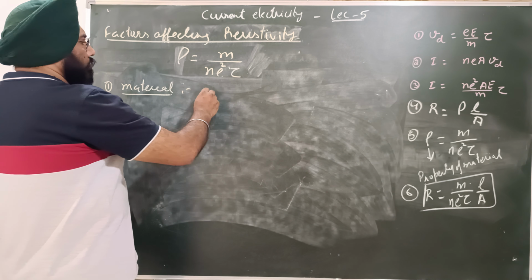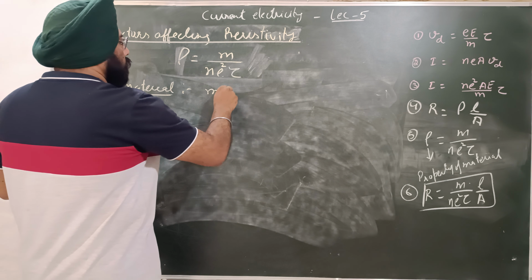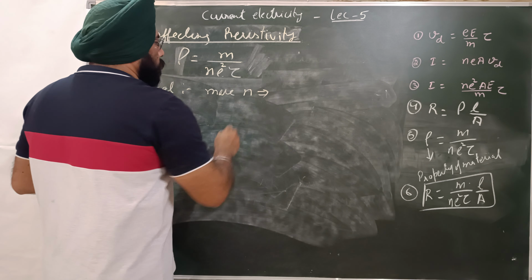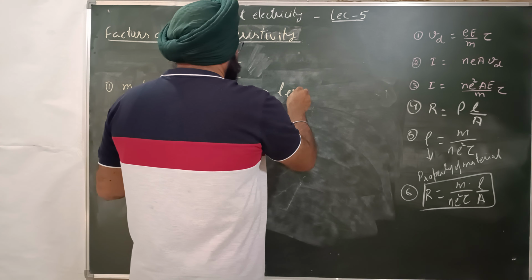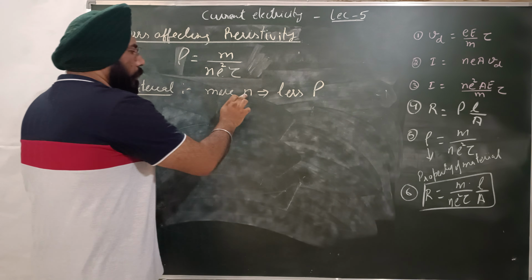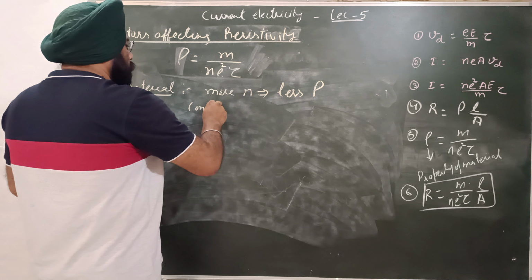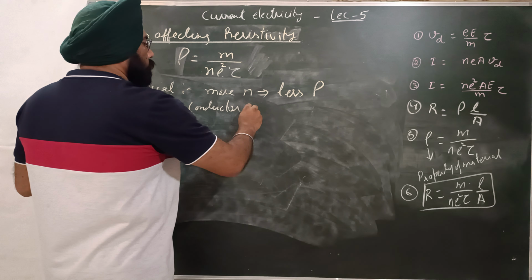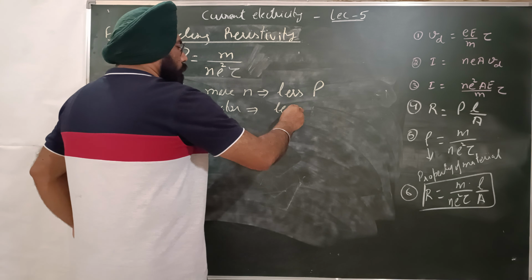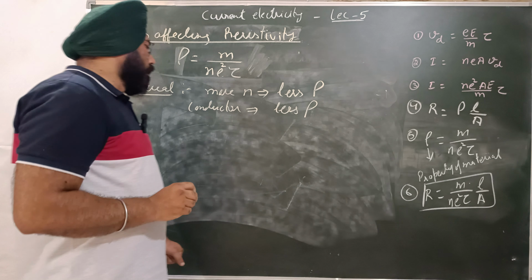More n implies less rho, where n is the charge density. So for conductors, less resistivity will be there.